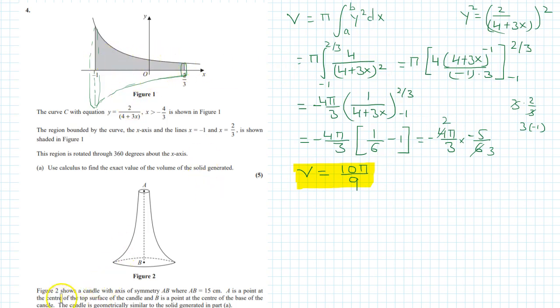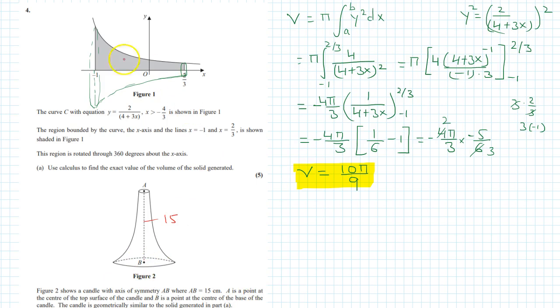Now the second, it shows the candle with the axis of symmetry AB, where AB is 15. A is a point at the center of the top surface of the candle, and B is the point at the center of the base of the candle.